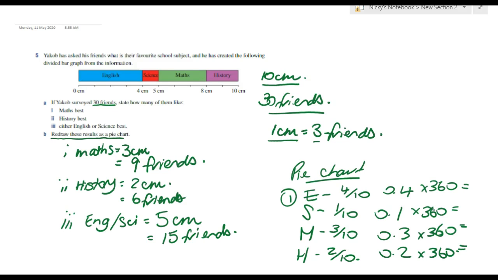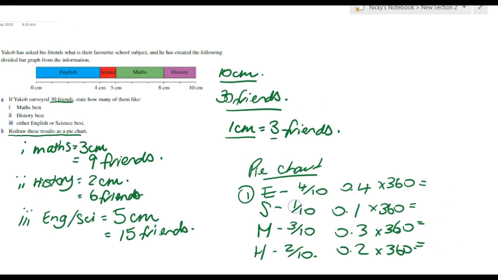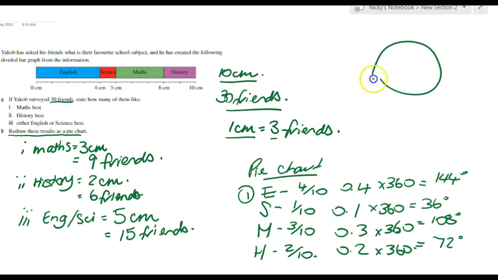So 0.4 times 360 equals 144 degrees. 0.1 times 360 is 36 degrees. 0.3 times 360, 108. And 0.2 times 360 is 72 degrees.